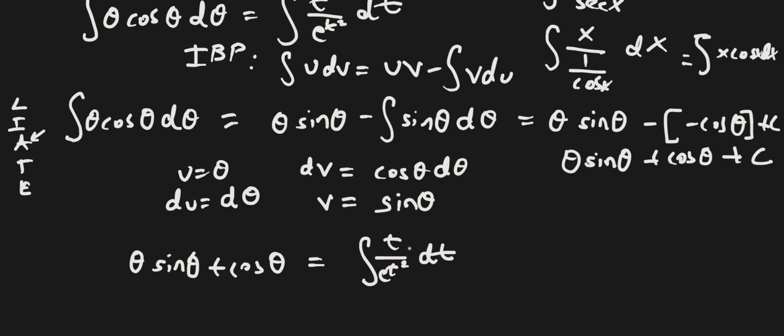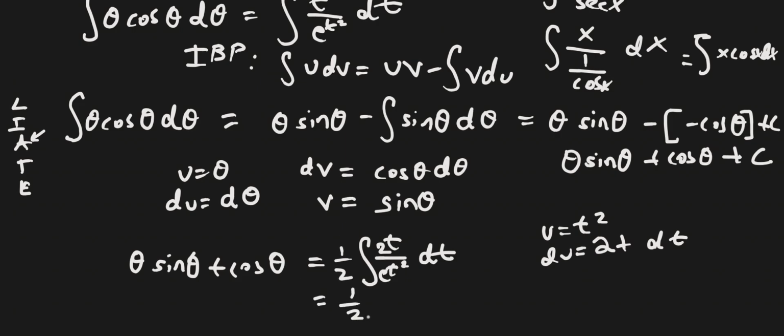So let's see if we can use a simple substitution. If we set u equal to t squared, du is equal to 2t dt. If we put in a 2 and put a 1/2 outside, this is just going to be 1/2 integration of 2t dt, which is du, and then this is 1 by e to the u power.